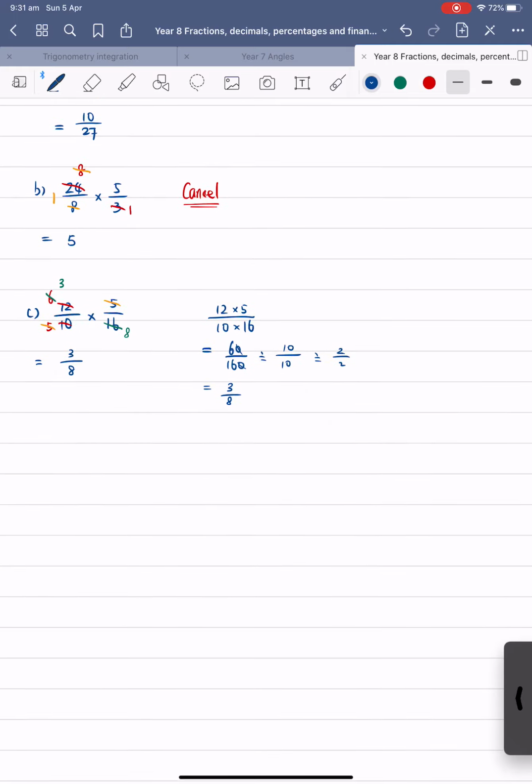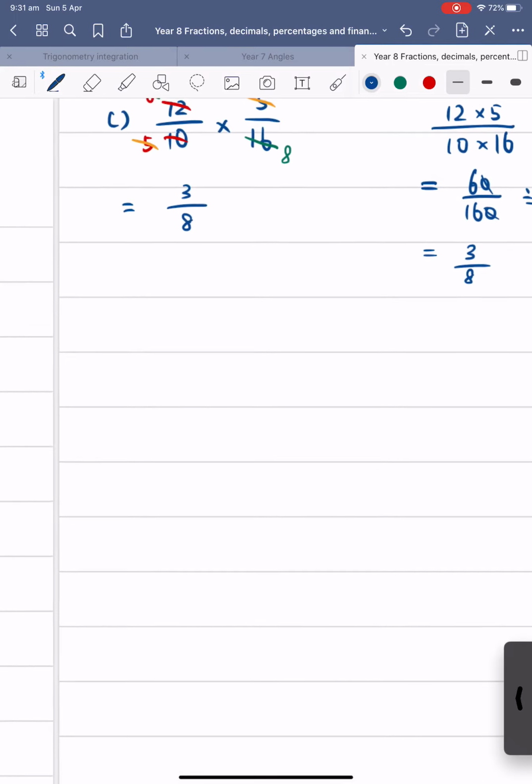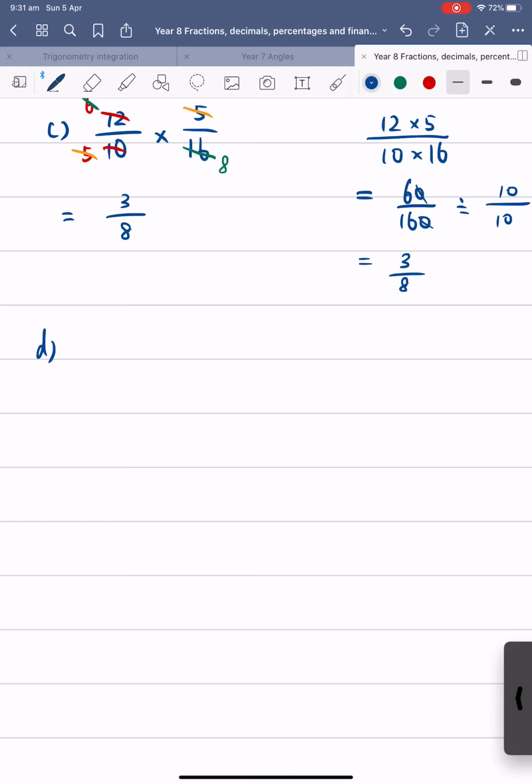All right, how do we do division? We usually don't do division, we do multiplication. So when you see division, we just multiply by the reciprocal. What does that mean? For example, if we have 2 over 5 divided by 3 over 7, the division is going to change to multiplication.